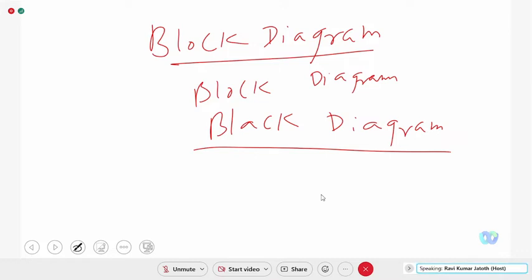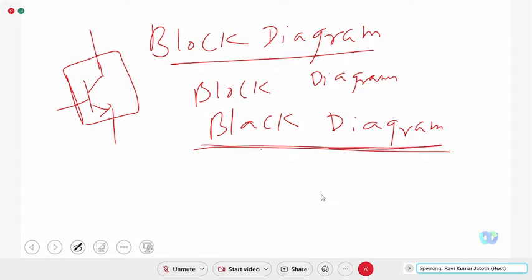When you represent any electrical or electronic components, you can represent using two-port network. See, transistor is there. This transistor you represent using black diagram, right? Means here what is there inside you don't know. So you represent like black magic. So black diagram is when internally you don't know what is there, then it is black.